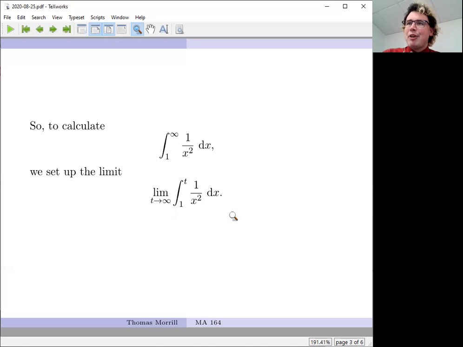Now, when I'm faced with a limit like this, it's important to remember that this integral by itself is defining a function. So different values of t will give different values of the integral, right?